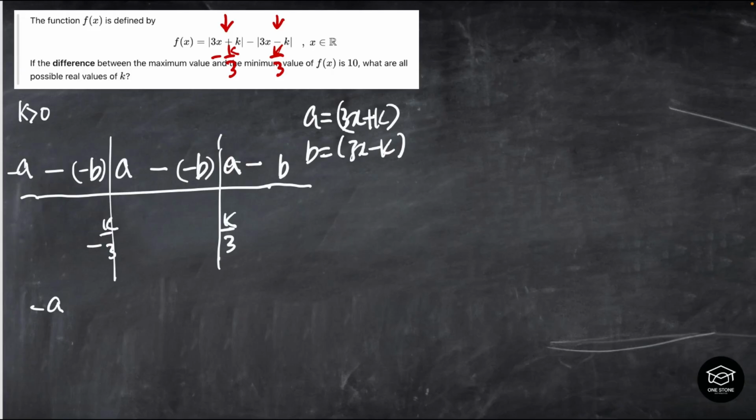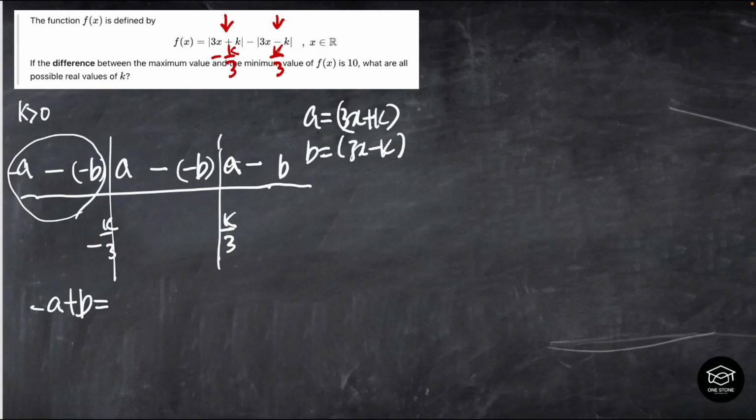First interval, x is less than negative k over 3. In this region, both a and b are negative, so the absolute value of a is negative a and the absolute value of b is negative b. The function becomes negative a minus negative b.